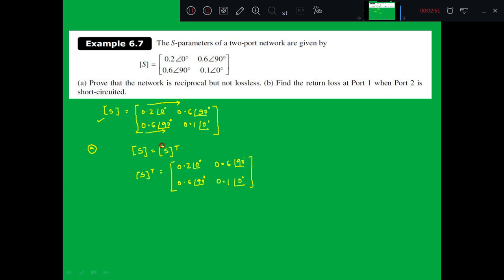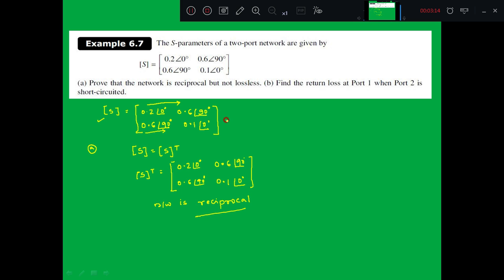Look at the matrix S as well as S transpose. Are they identical? Yes, the matrix S and its transpose are identical. Therefore the given network is reciprocal.